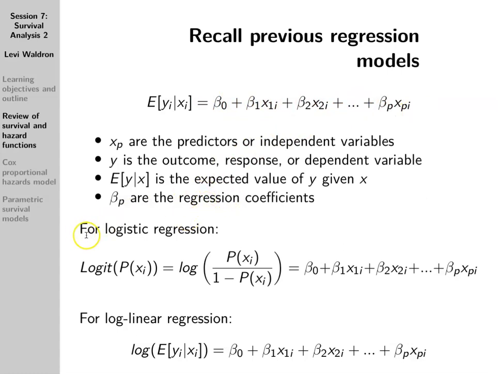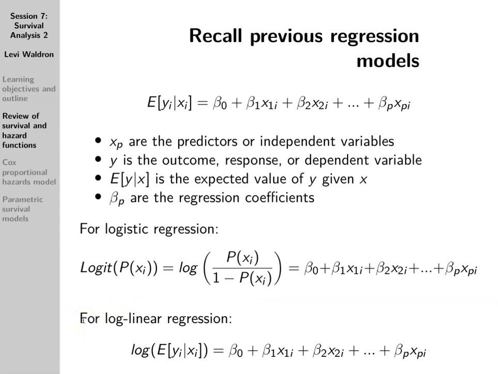And for logistic regression, we used the logit link function with the outcome being a binomial probability. So the probability of the one outcome against the reference outcome, with the logit function being the log odds. But on the right side, it was just the linear predictor again.